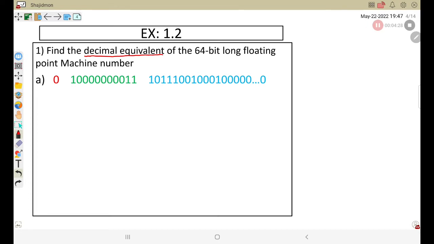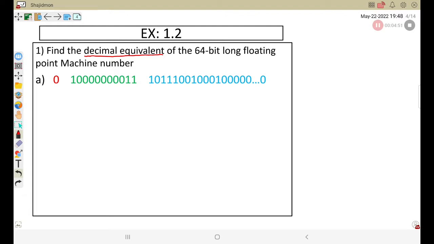Decimal equivalent means we need to find the decimal number of the 64-bit long floating point machine number. One 64-bit machine number is given, correct? The first bit is 0, the next 11 bits are given as the characteristic part, and the next 52 bits are given. So we need to find what decimal number the 64-bit binary represents.